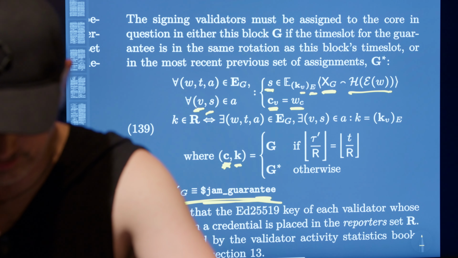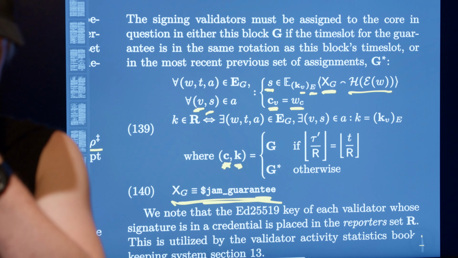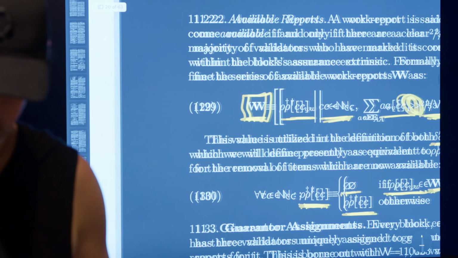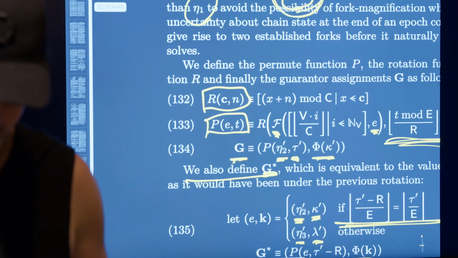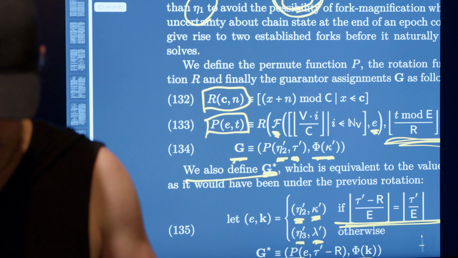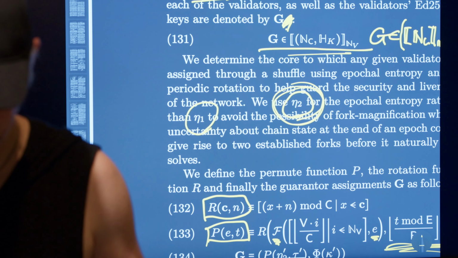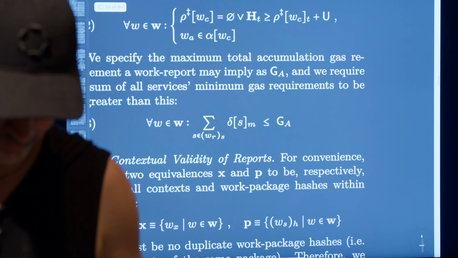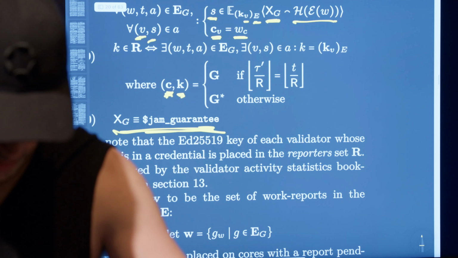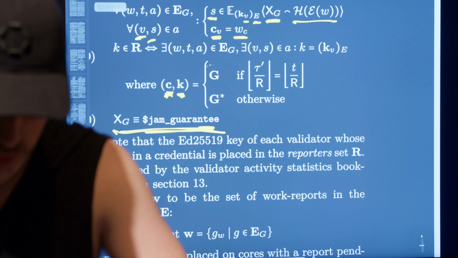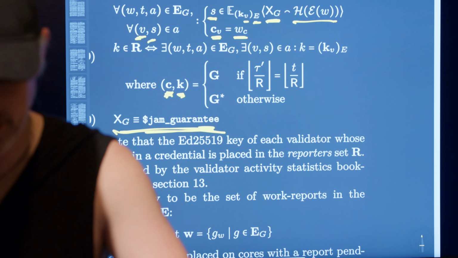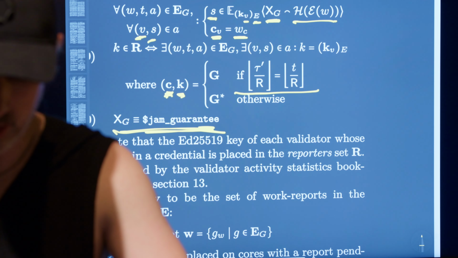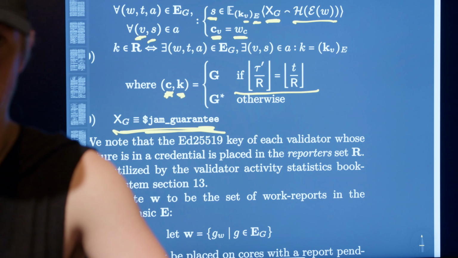K is the second item. K is the key sequence, which is defined down here. And then we choose between G or G star depending on whether we are in the same rotation period or not.